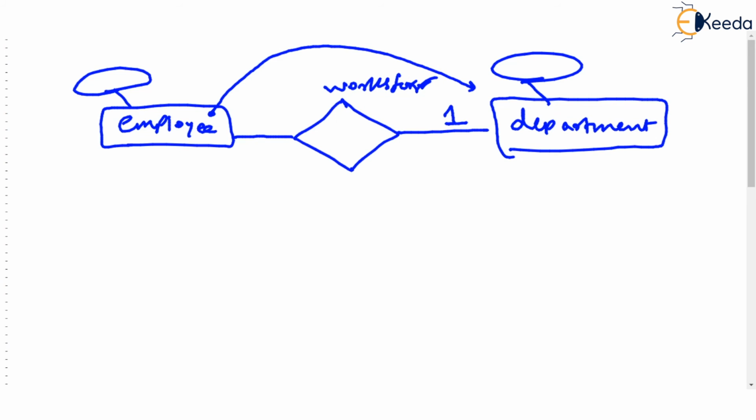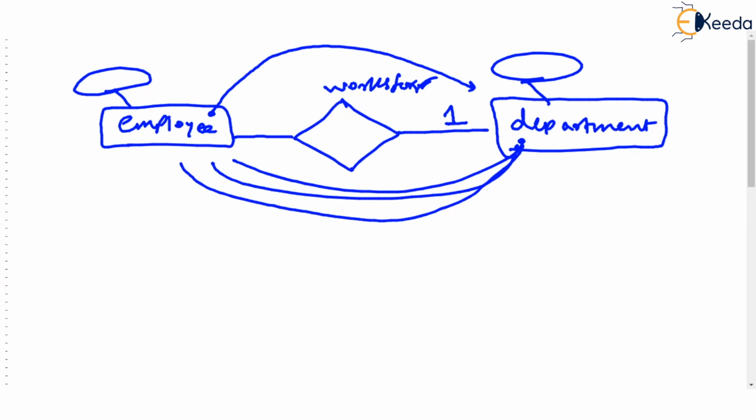If you ask any department how many employees are there, then you may be taken to many employees. This person works in my department, this person works, n employees. Okay? So if you look from this side, this is many to one.